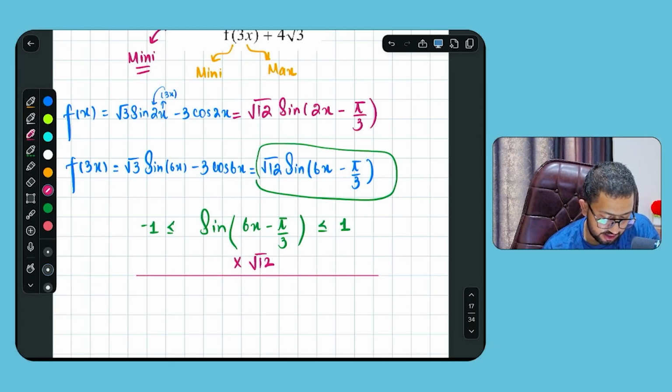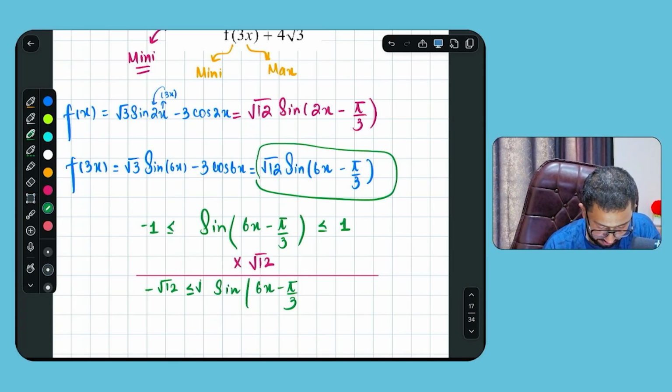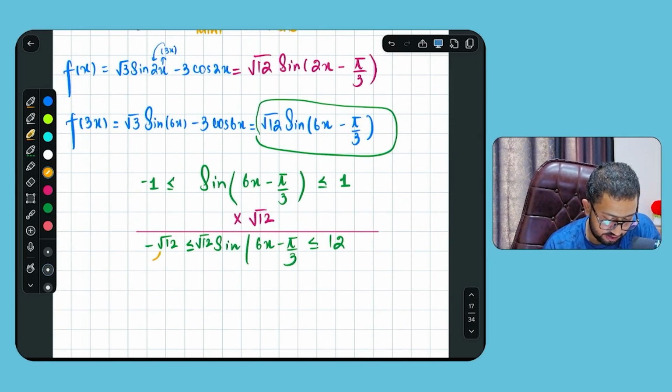What will you get? 6x minus pi by 3. Sorry, I made a mistake. That is square root 12. Perfect. So that is your minimum value. That is your maximum value.